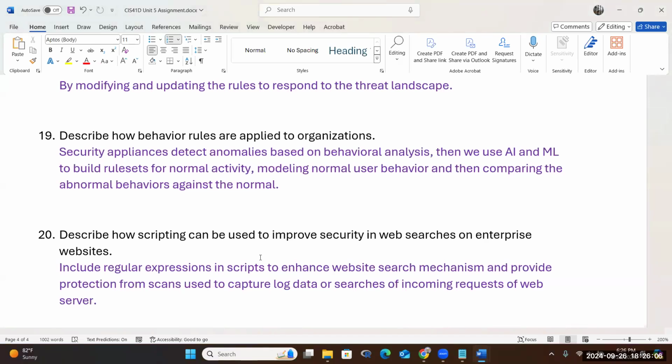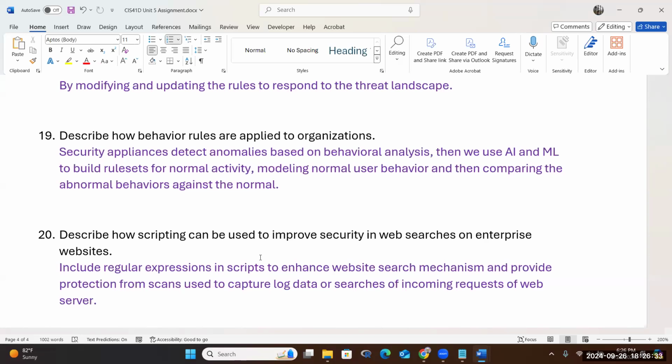You can include scripts to control the search mechanism, like the search bar that they type in, to protect from scans, data capture, injection and other things. So ultimately, this is a way that we can protect searches or requests.